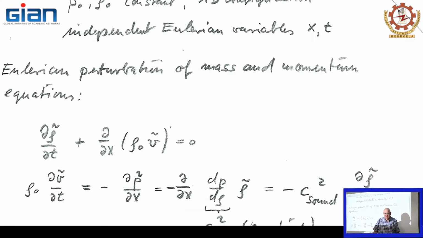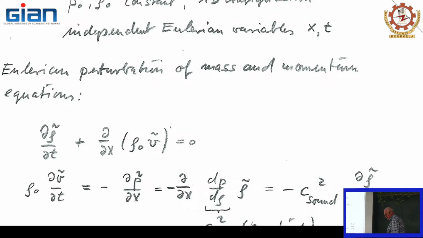The pressure gradient in the original organ pipe is 0, so this reduces to the gradient of the pressure perturbation, minus dp tilde by dx. There is a relation between the pressure perturbation and the density perturbation, which is given by p of rho.